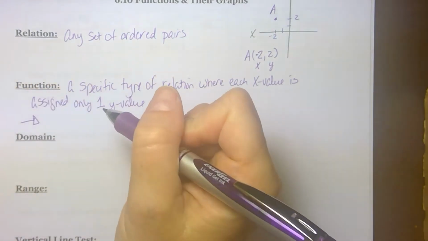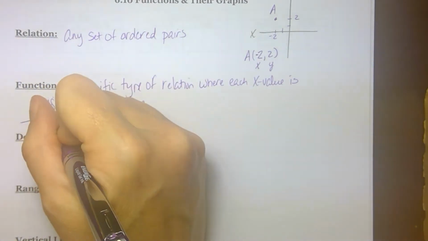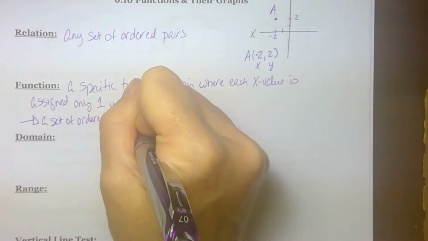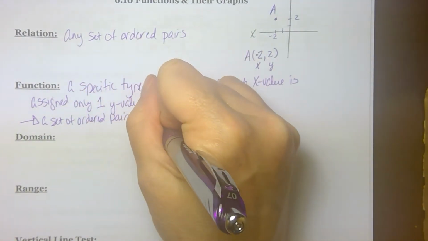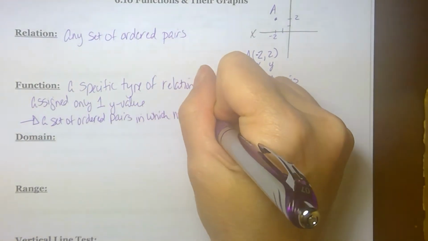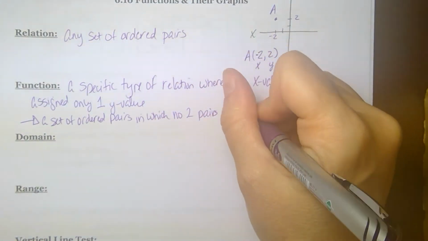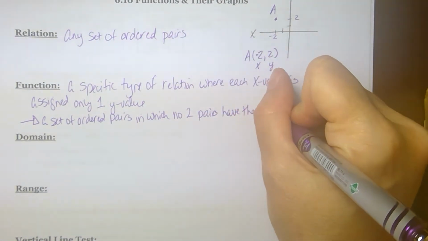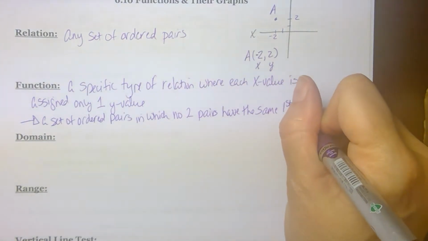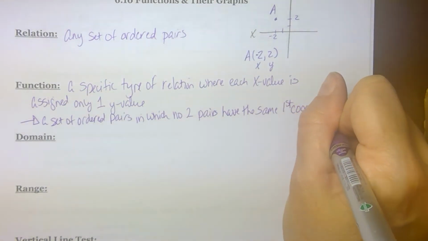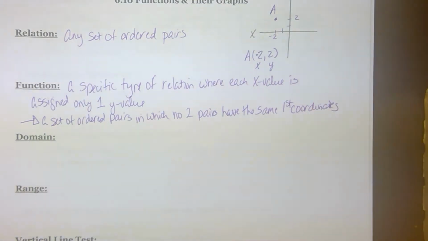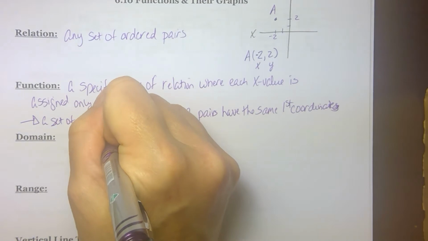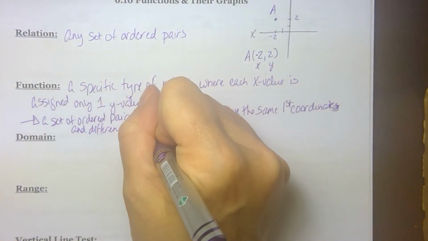Another way to say that is that a function is a set of ordered pairs in which no two pairs have the same first coordinate and different second coordinates. The first coordinate is the x value. No two ordered pairs have the same first coordinate and different second coordinates.